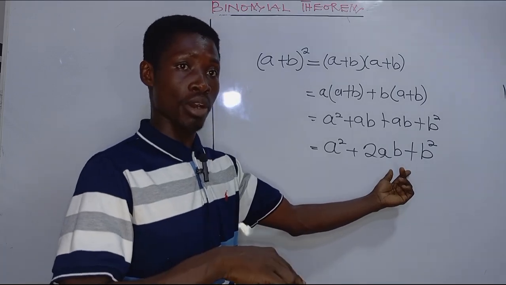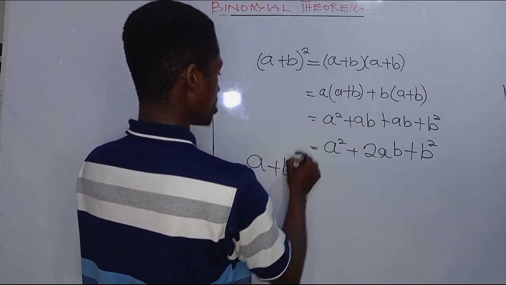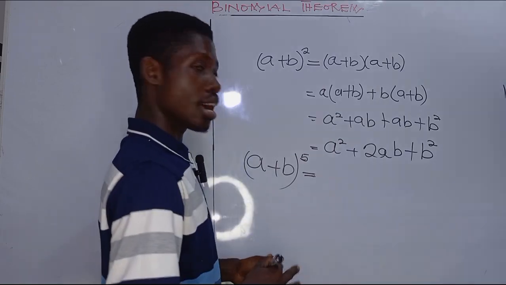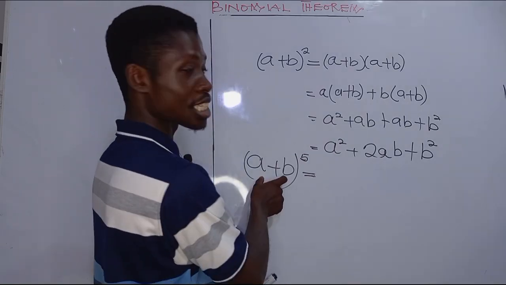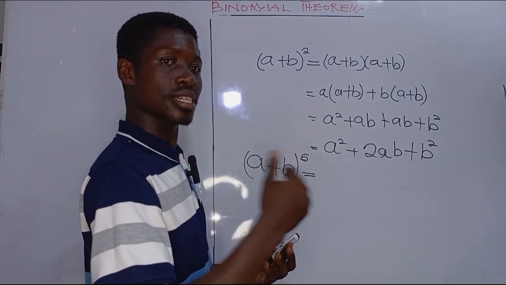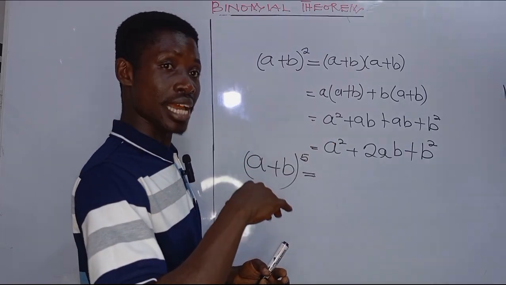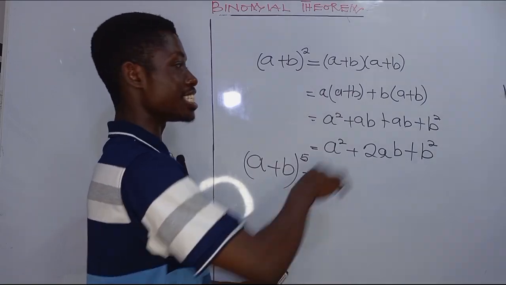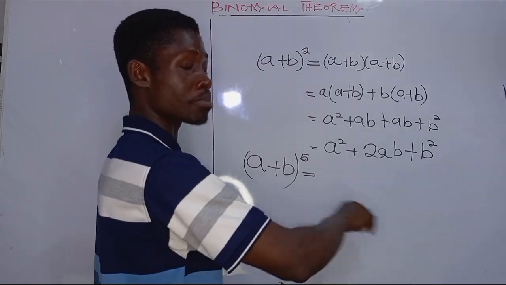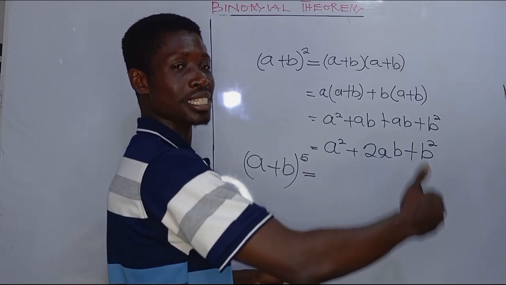Now, what about when you have a binomial expression to the power of, let's say, A plus B raised to the power 5? How then do you expand a binomial expression to the power of 5? Or let's say higher powers, power 6, power 7, power 8, power 9, and so on. You realize that expanding this using the distributive approach becomes more stressful and tedious, because you are going to rewrite this 5 times and then expand it one after the other.